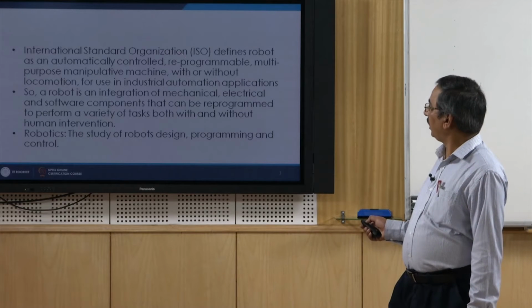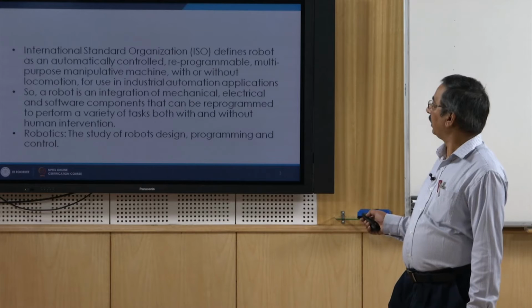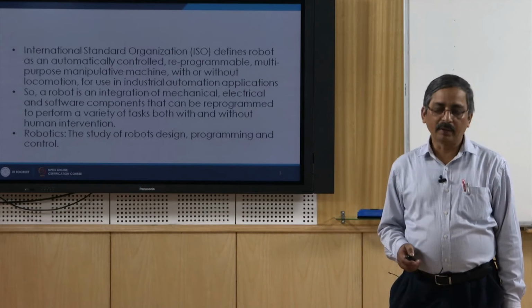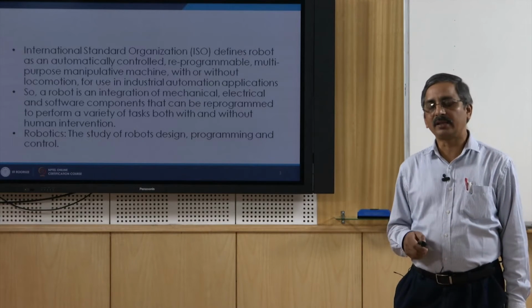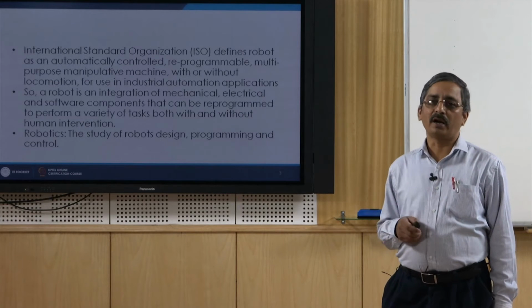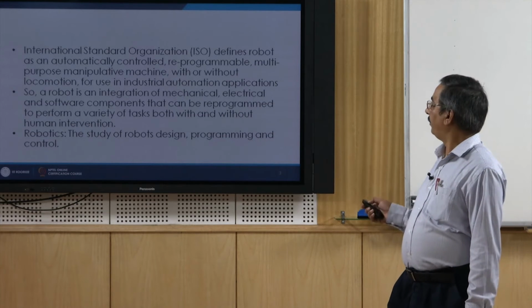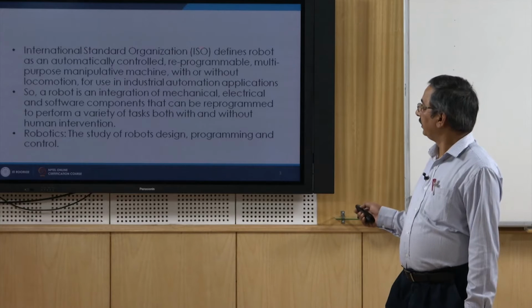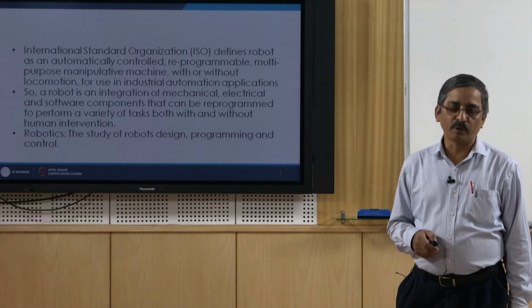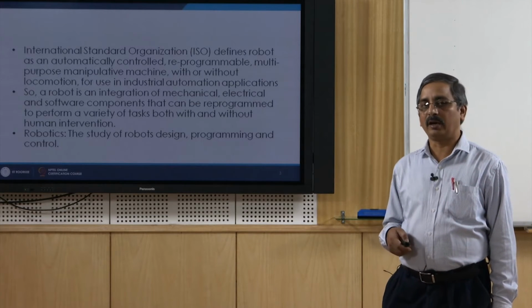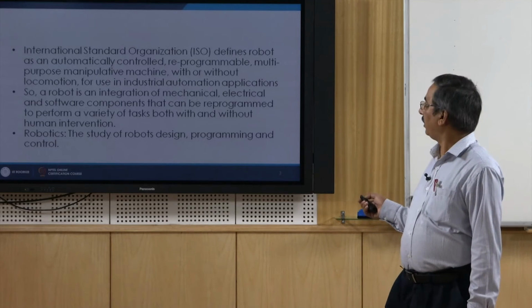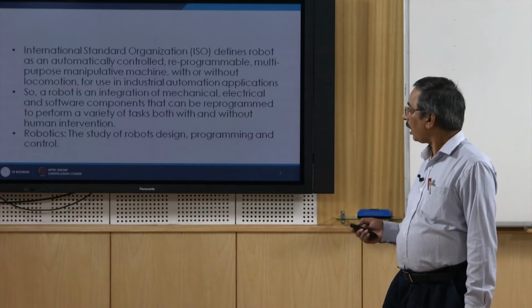Here the word reprogrammable is what distinguishes robots from fixed automation. This device is reprogrammable, whereas in fixed automation the programming is difficult.